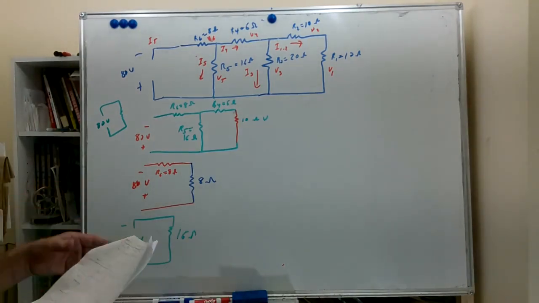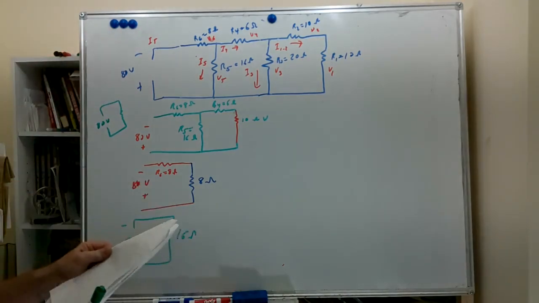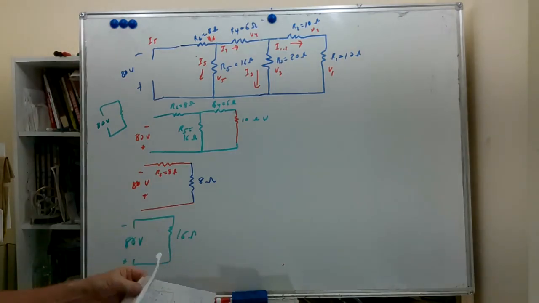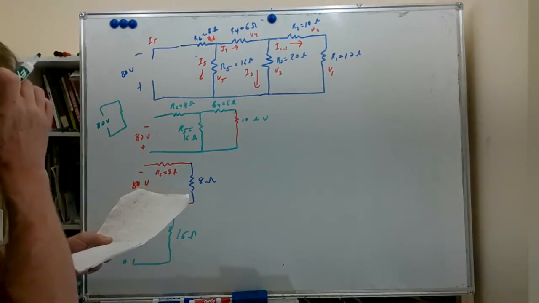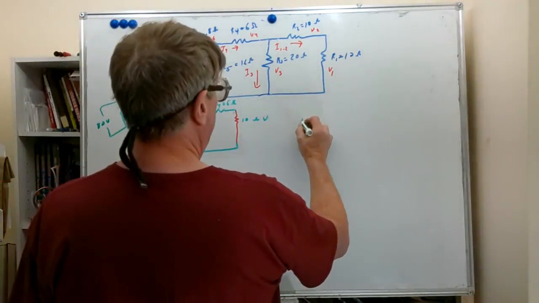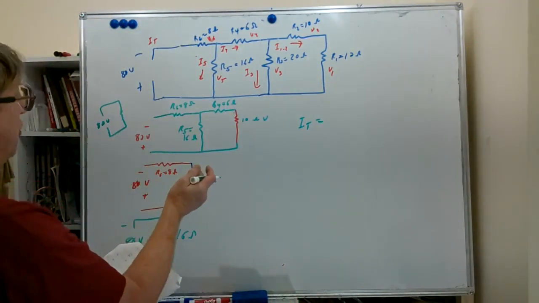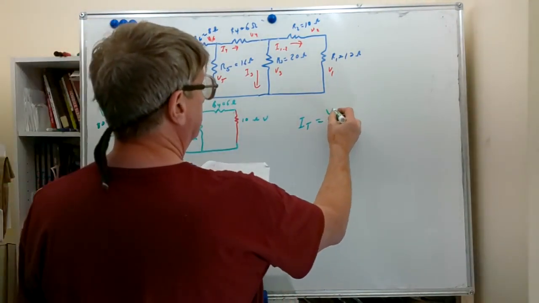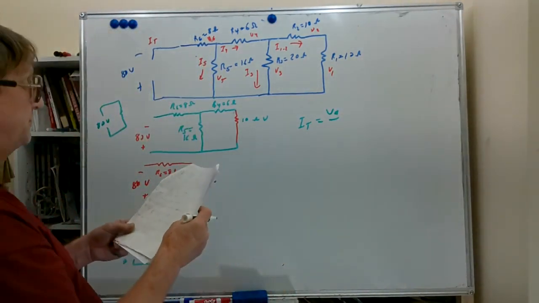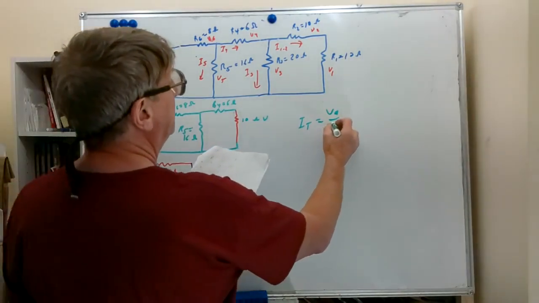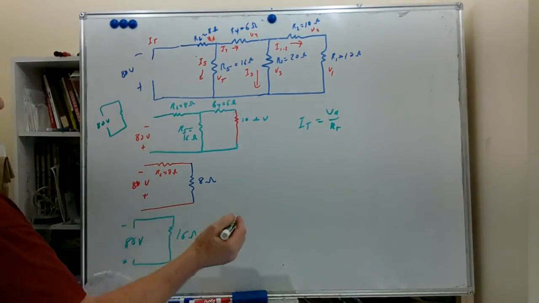We can now do IT. It's going to be this voltage divided by that current. So we're going to do the IT first, and then we'll put it on the drawing. Well, IT equals voltage applied or voltage total, which was 80 volts, right? VA divided by 16 ohms, or divided by RT, which we calculated here.